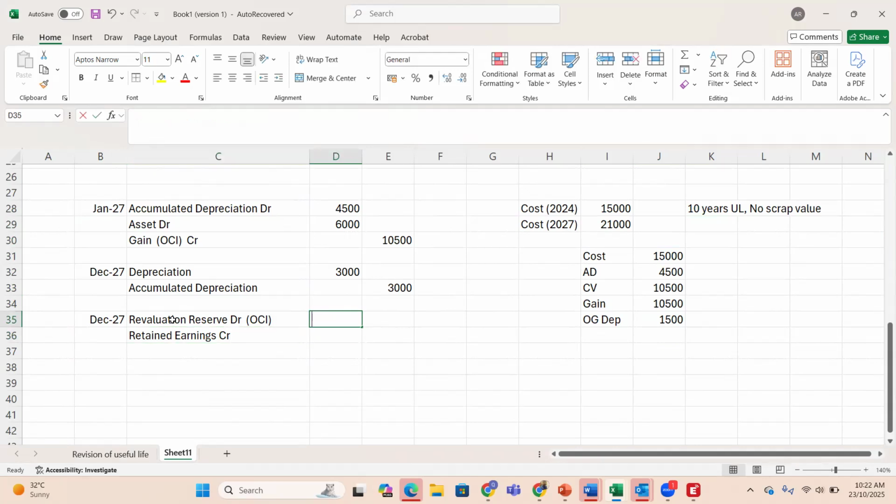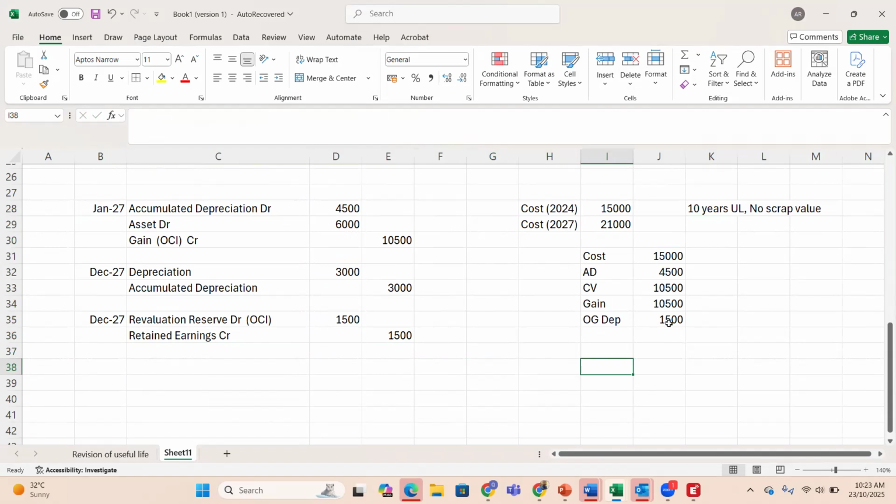How much? Current depreciation minus original depreciation. So 1,500 we will transfer from the revaluation reserve to the retained earnings on a systematic basis, over the difference of depreciation.